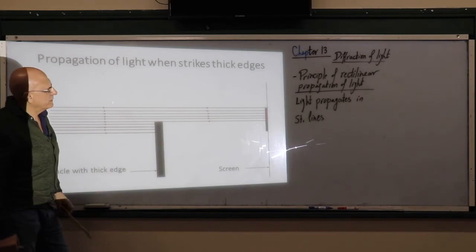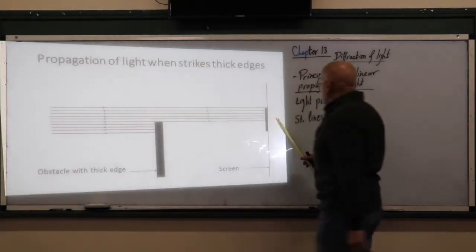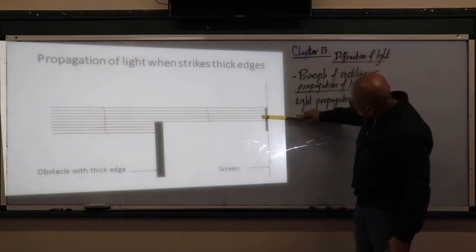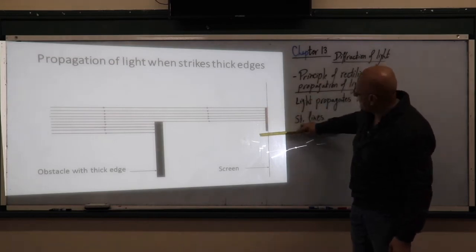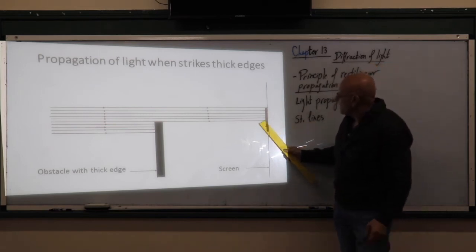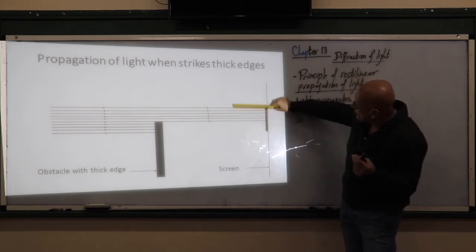So on the screen you will see two regions. One region which is bright and a lower region which is dark. And there is a clear edge separating the two regions.